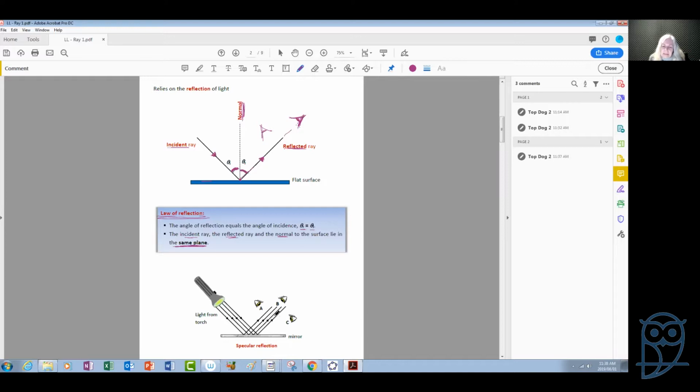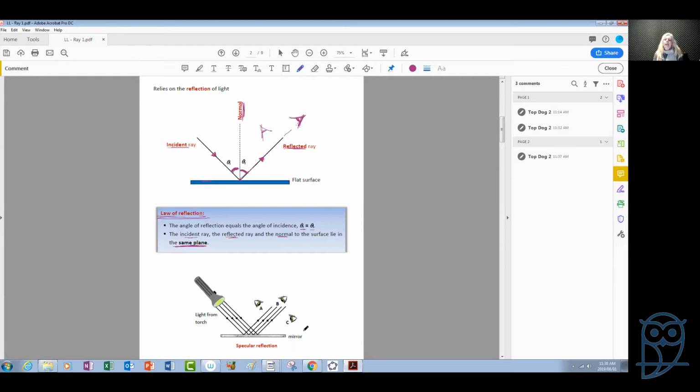Look at this. It shows observers at different positions, A, B, and C. Only observer B will see this beam of light, because only for this observer do these rays come through his or her eyes. Observer A will see nothing, and observer C will also see nothing.